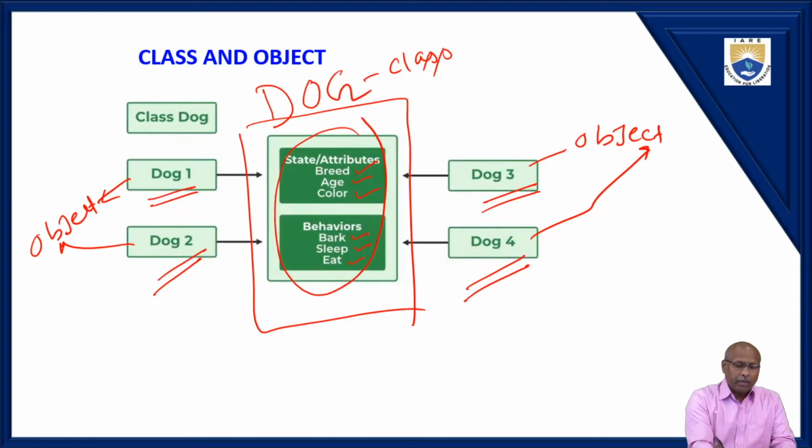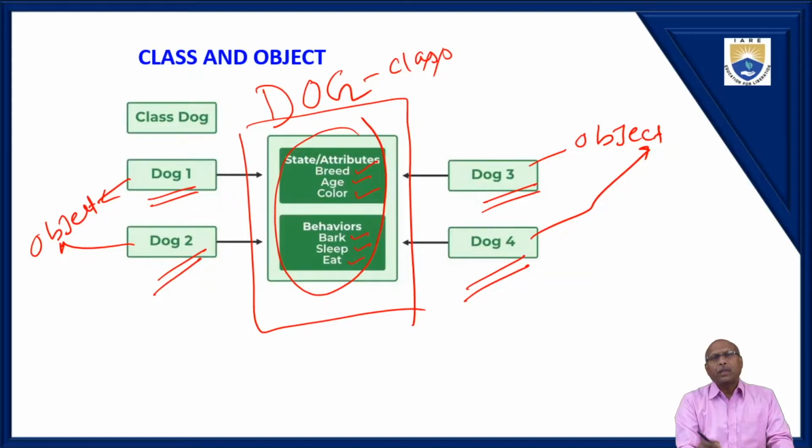In dog 1 you will find all the state and behavior. In dog 2 also you will find the same state and behavior. In dog 3 also, in dog 4 also. So an exact copy is available in every object. So this is your logical imagination. Please think about this. First define the class, then create the object.